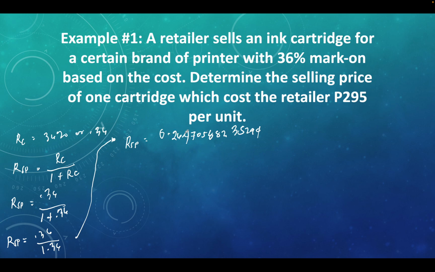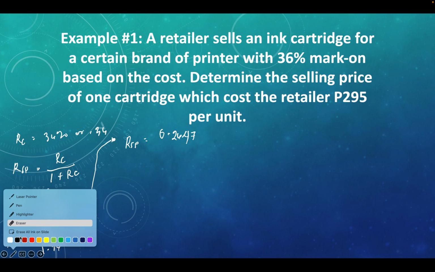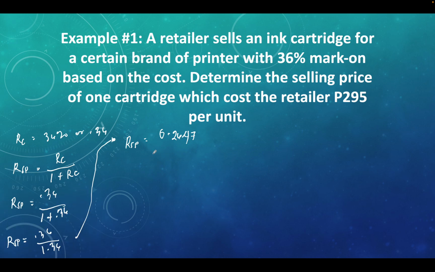Yung 4 decimal points na lang yung susulat natin. So, erase na natin to. Yung 4 decimal value na lang. So, we have rate based on the selling price is equals to 26.47%.